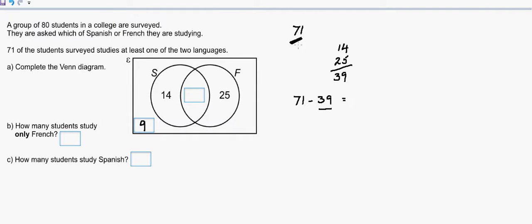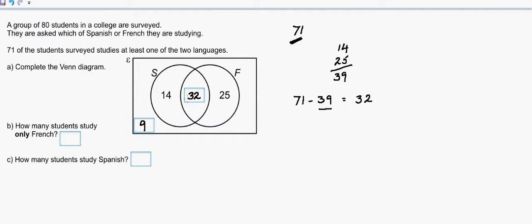So we know 71 are studying at least one language, so the remainder must be studying both languages. So 39 from 71, I think, is 32. So we would have 32 students studying French and Spanish.